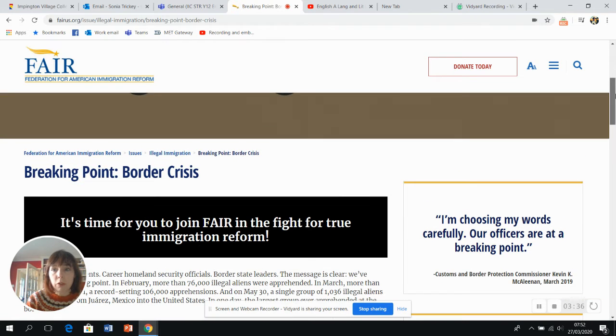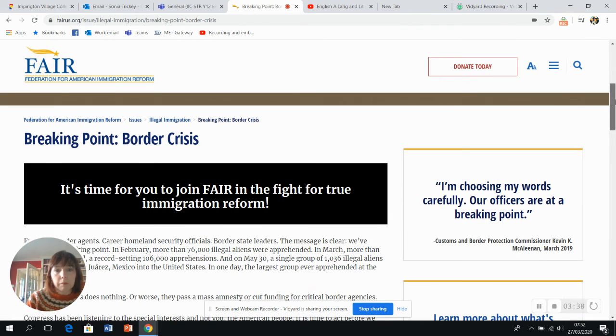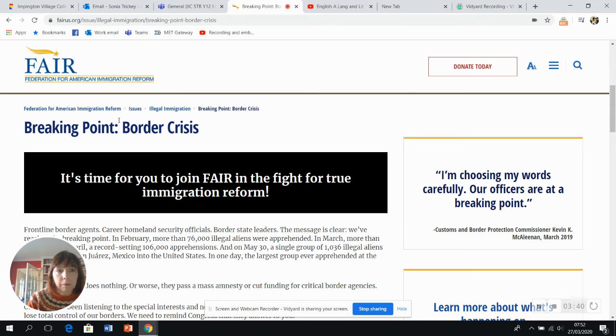So if we scroll down, obviously this is part of a wider dialogue, a wider list of articles on this website. And these tabs at the top, again, are clickable and allow you to continue investigating this issue. So we get to this title, Breaking Point, Border Crisis.